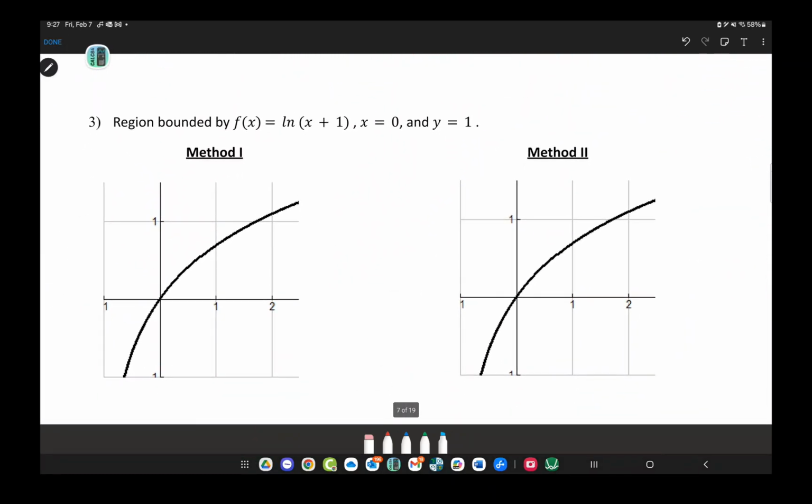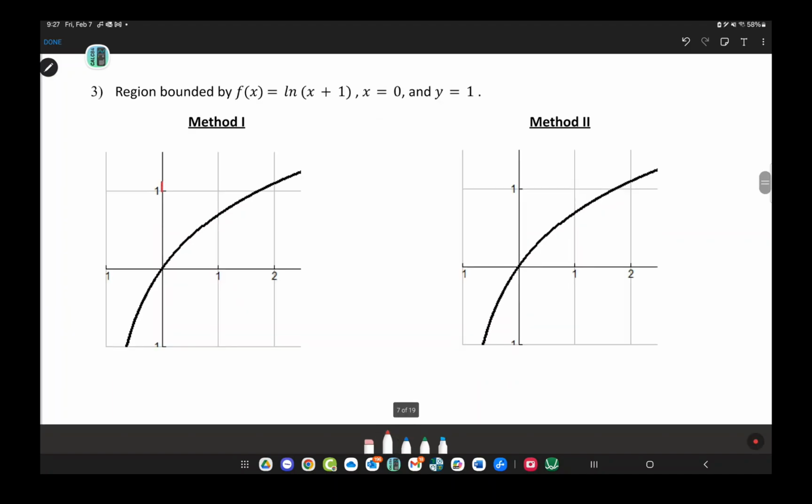All right. So here we have a different function. We do have the line x equals 0 right here, and we have y equals 1 here. And then this function. So I want to find this area right here.